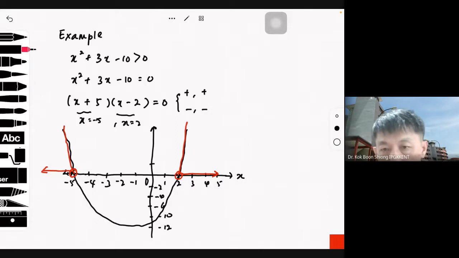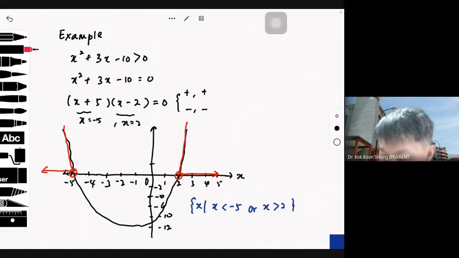So what is the answer? x is smaller than negative 5 or x is larger than 2.